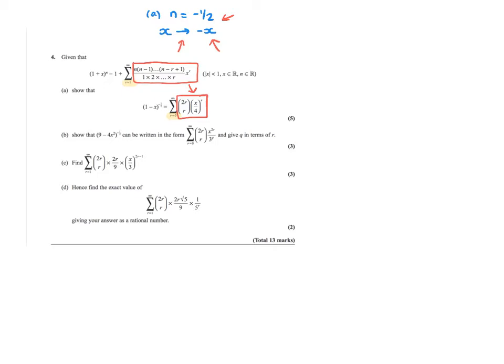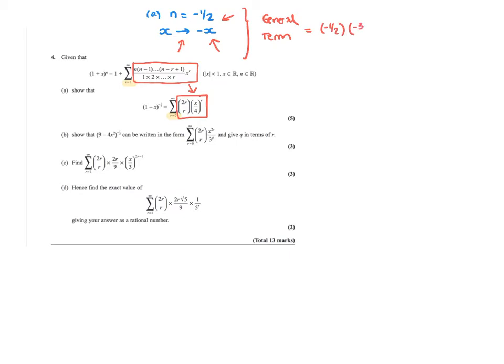So let's sub in this information into the general binomial expansion. Our general term becomes n, which is negative a half.